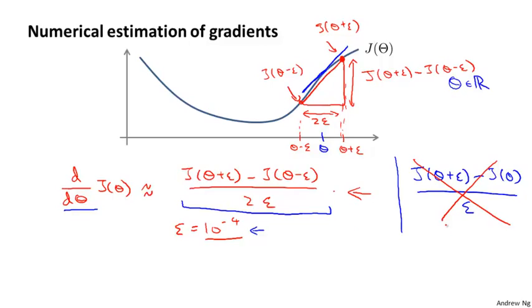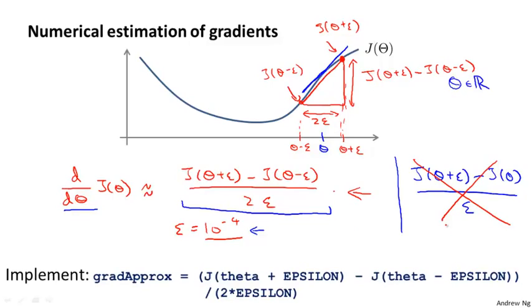So concretely, what you implement in Octave is code to compute grad_approx, which is going to be our approximation to the derivative as just this formula, J of theta plus epsilon minus J of theta minus epsilon divided by 2 times epsilon, and this will give you a numerical estimate of the gradient at that point. And in this example, it seems like it's a pretty good estimate.